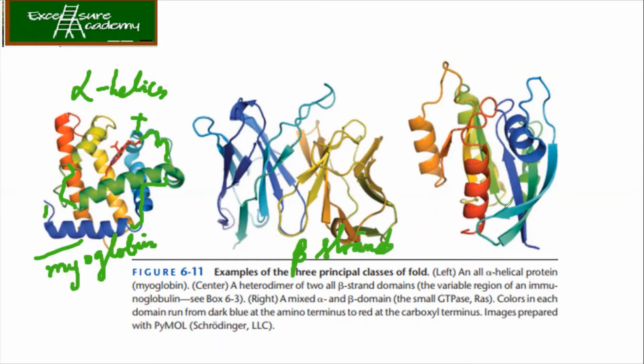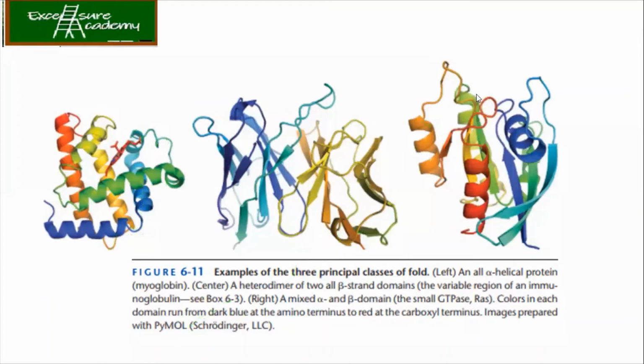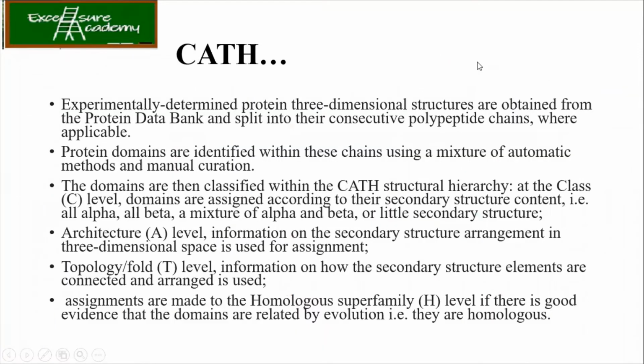Now, what about this? This has alpha here and beta here. Both are present. So this is how your protein will look if it has all alpha, all beta, and alpha and beta. See over here also they have said that they have used PyMol to prepare the structure. I've taken this directly from the textbook. So even if you don't understand anything, you can just go to the textbook directly.